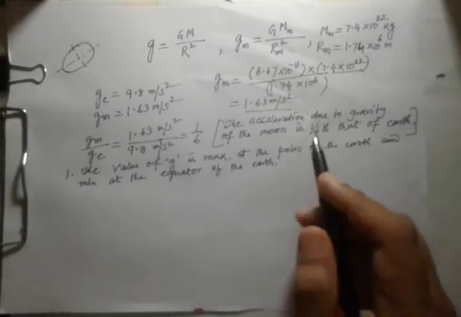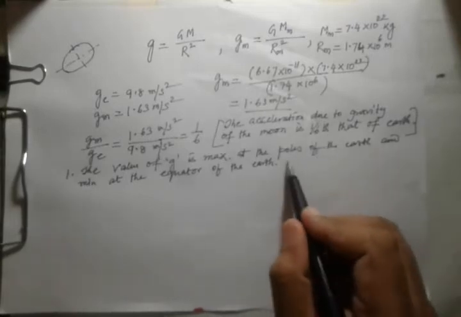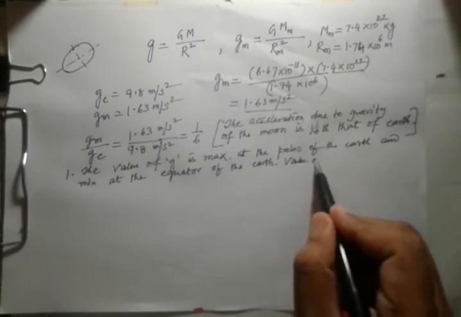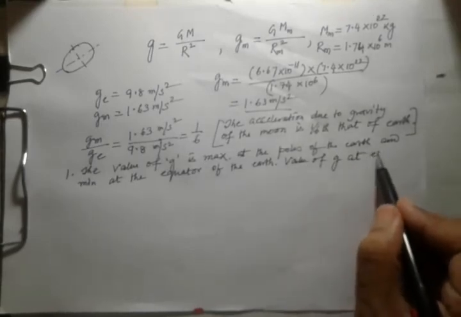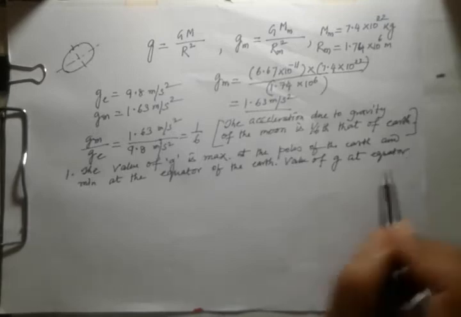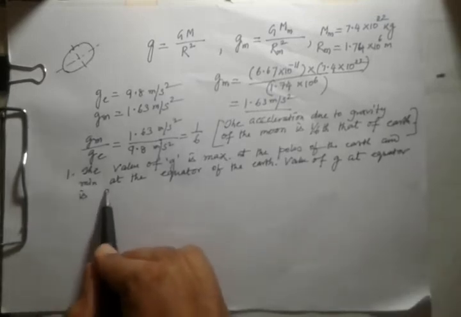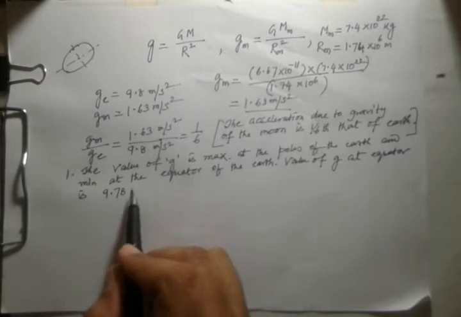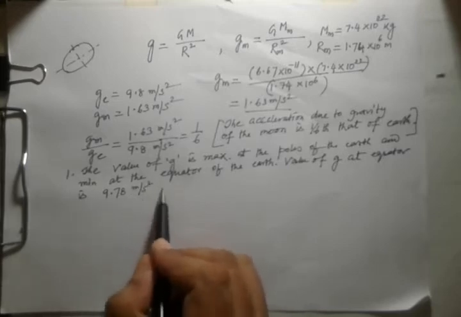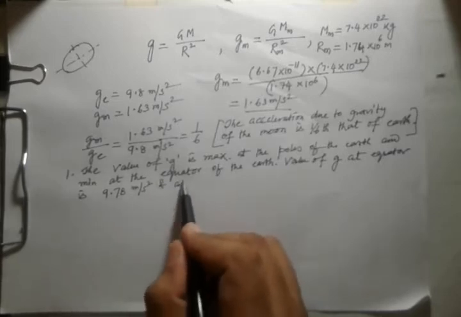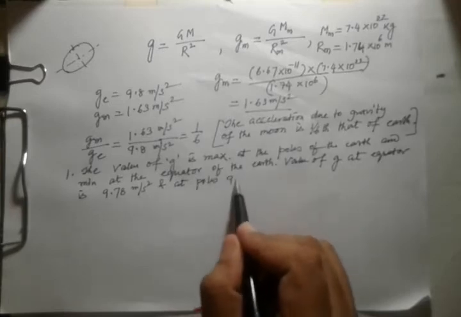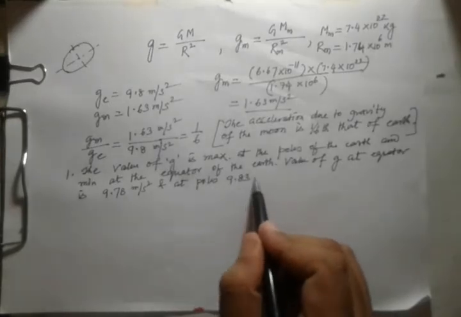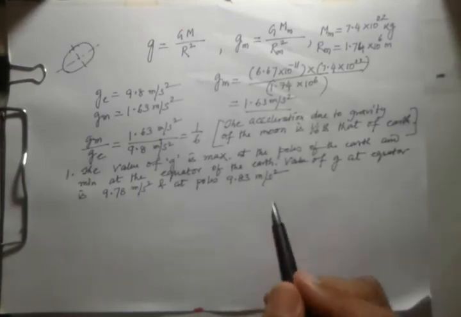Okay, so you can write the value of g at equator is 9.78 meter per second square, and at poles that is 9.83 meter per second square.